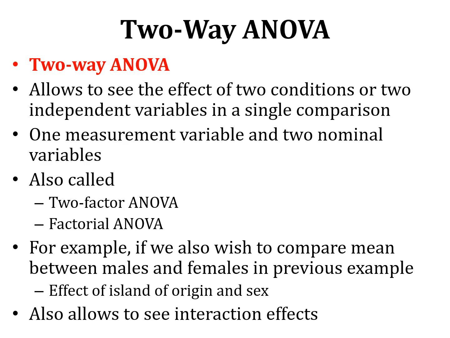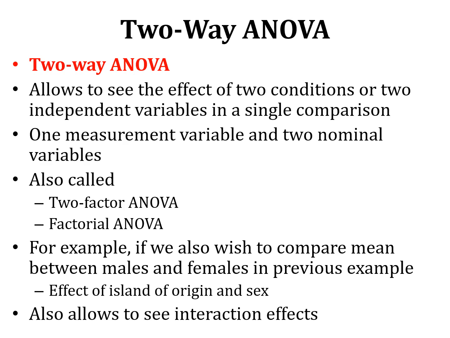And this also allows us to see the interaction effect. It is not enough that we see the individual effects of the two nominal variables, like the differences in the mean values by their sex and by the island of origin at the same time. We can also see the interaction effect of these two nominal variables.